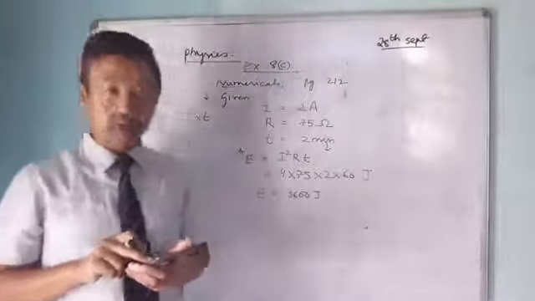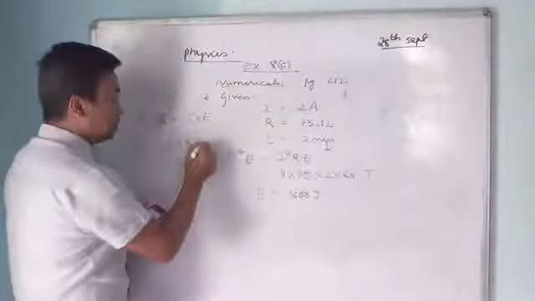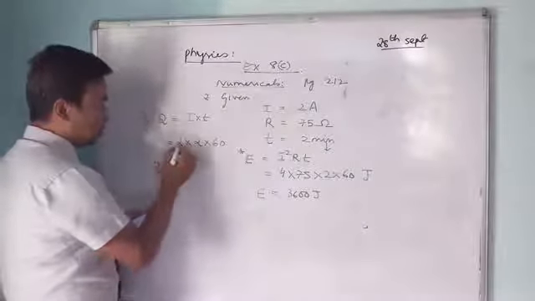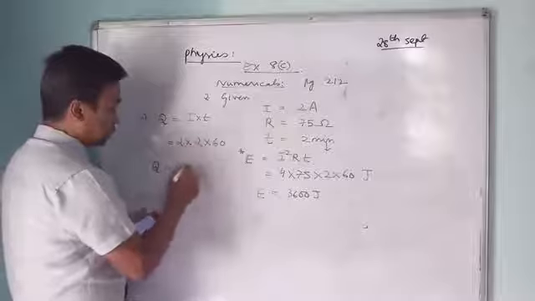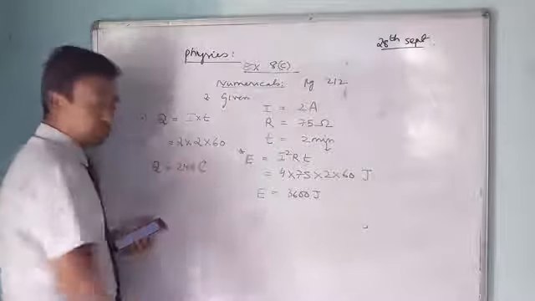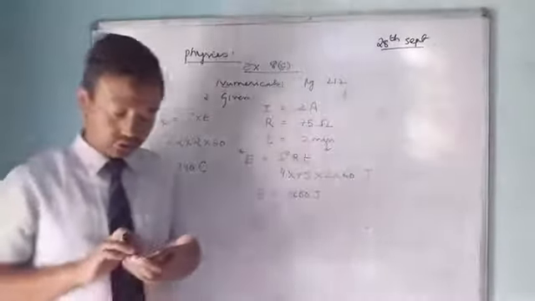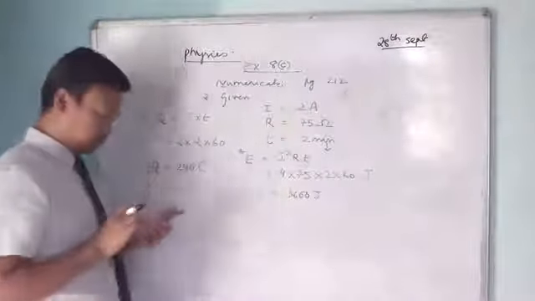It is flowing for 2 minutes. So time is 2 minutes. That minute needs to be changed into seconds. So therefore the charge will be 2 2s are 4, 4 6s are 24, 240 coulomb. Coulomb is the unit for the charge, which is given by capital C.